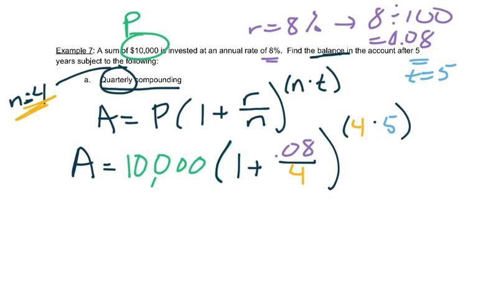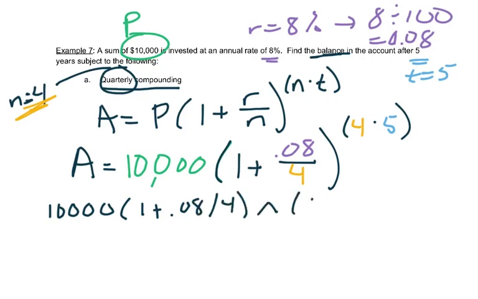So that's our formula. We can type that in just like we see it all at once. We'll type in 10,000 parenthesis 1 plus 0.08 divided by 4 parenthesis to the power of 4 times 5. Make sure that exponent is in parentheses here as well, and your calculator will figure it all at once.